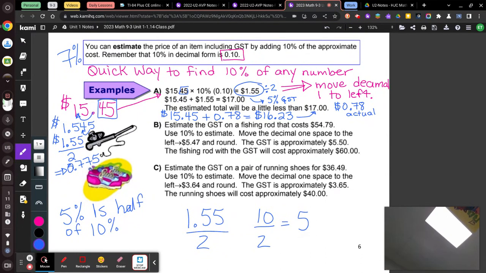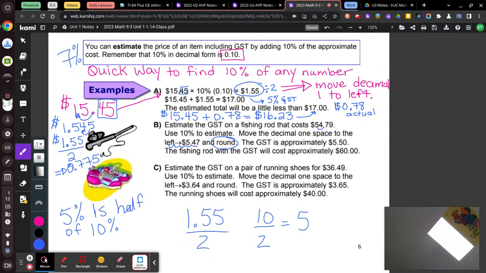All right, now it says estimate the GST on a fishing rod that costs $54.79. If we're using 10%, we're going to move the decimal back 1. Move it to the left 1. And then it says round it, because we're talking money.